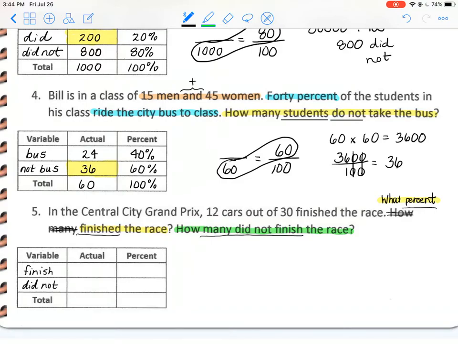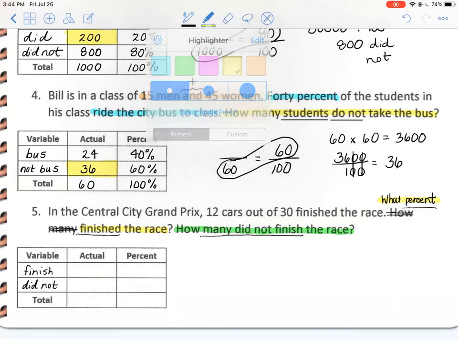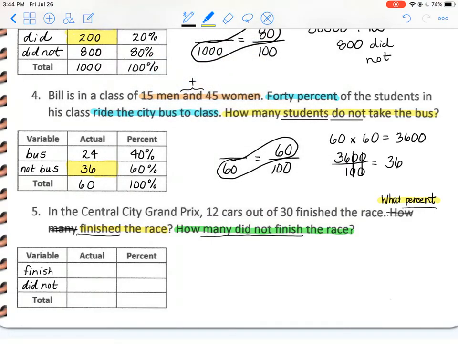So the yellow answer, they want a percent finished. That's this one. And the green answer is how many, the actual number, that did not finish. So we're looking for these two pieces of information.